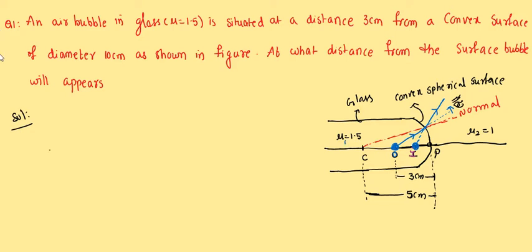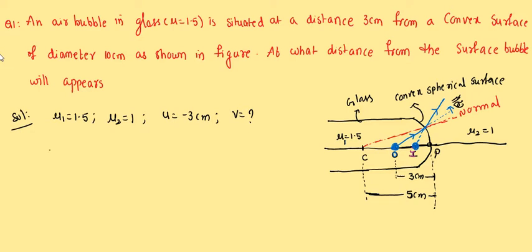The first medium refractive index is 1.5, and the second medium, air, is 1. The object distance is minus 3 centimeters, because it is on the left side of the pole, and the image distance we have to find out.